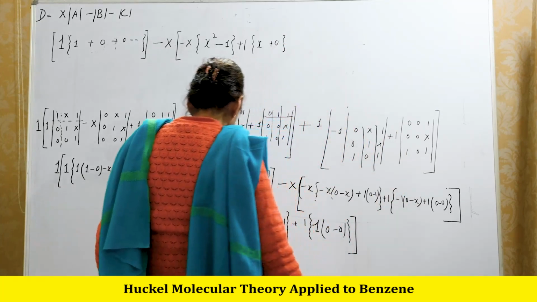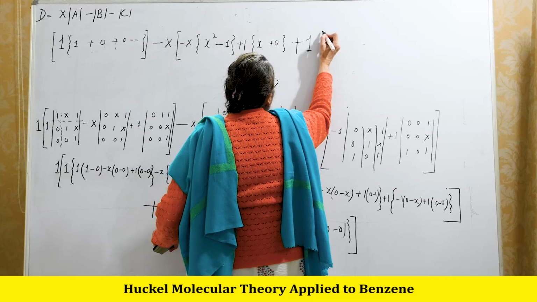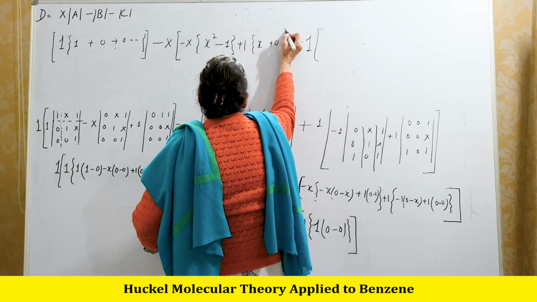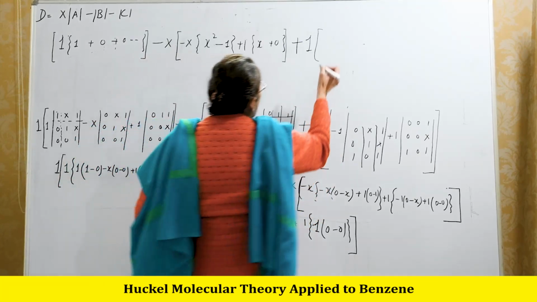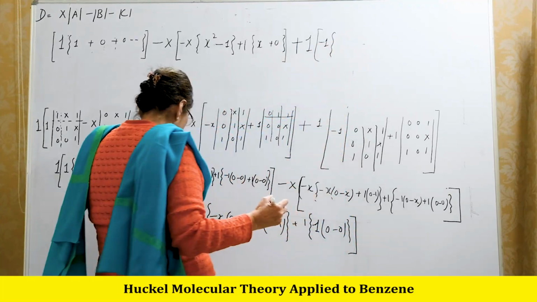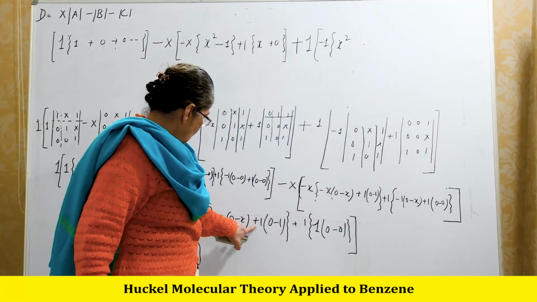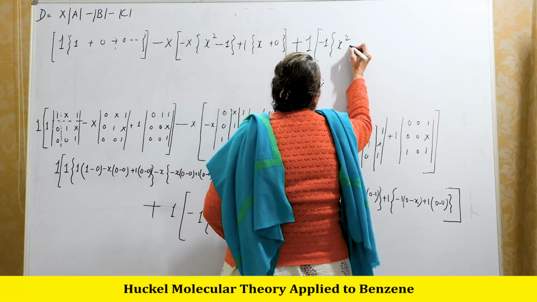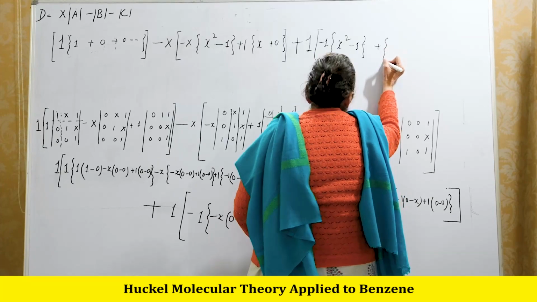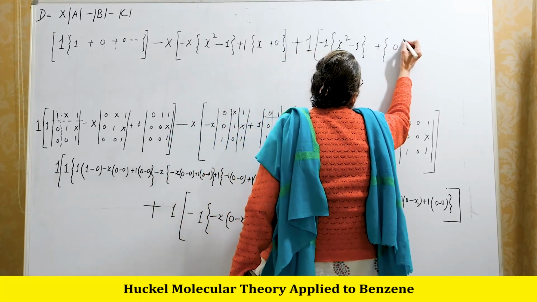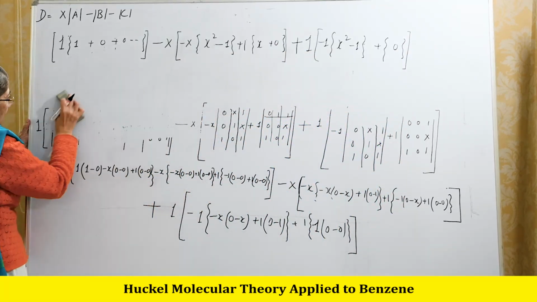This is from this and this is from plus 1, and here I keep this large bracket, plus 1 minus 1 minus 1, and this is minus 0, x square, 0 minus 1, this square, and plus this is 0, 0 and 0, and this is the third. Now I rub this.